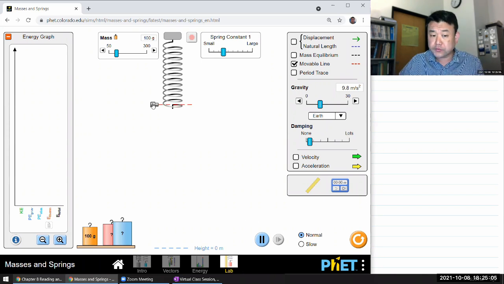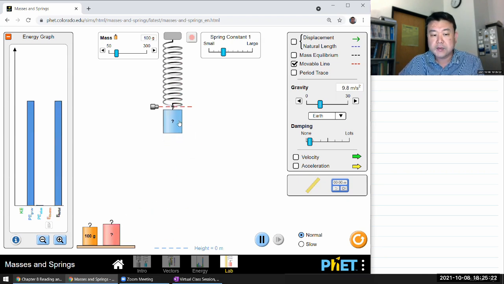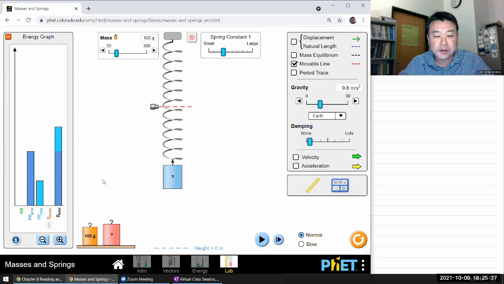And one way to do that might be, so this is your spring's equilibrium length. And as you hang this mass, you see this height reference here. Let's keep this reference here. So you can say when the mass is at this height, there's some gravitational potential energy. In fact, that's what the graph on the left is showing.